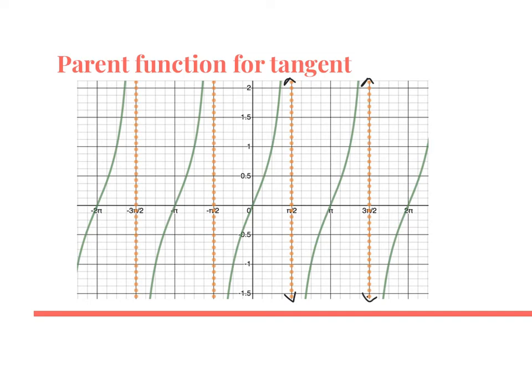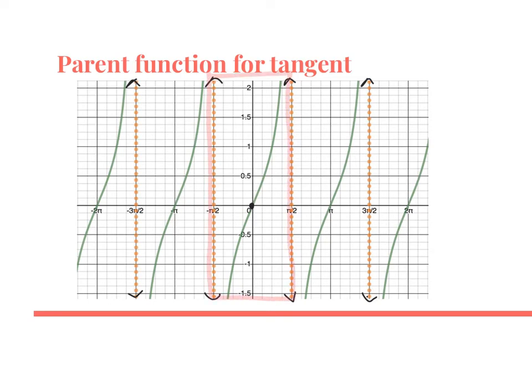If we go counterclockwise around the circle, this would be where your negative 90 degrees is, and then again, those dotted lines are representing the asymptotes that happen every 90 degrees. Again, what we can see is this graph in here is symmetric. It looks very similar to a cubic function, but doesn't have quite the same symmetry.